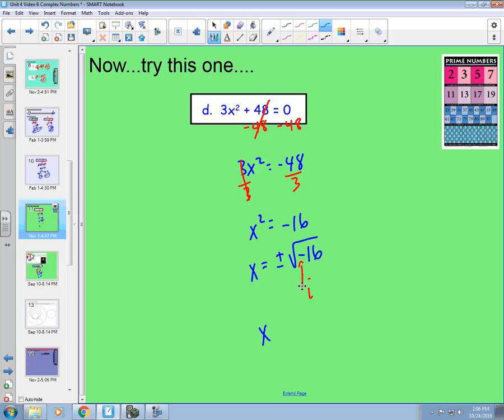So what we can do is now write this as plus or minus i, and now that we take the negative out, it's only the square root of 16. Well, we can do the square root of 16 now. The square root of 16 is 4. So we would say that the answer for this one is plus or minus 4i, 4 times i. That would be the solution to this one. It has two imaginary answers.